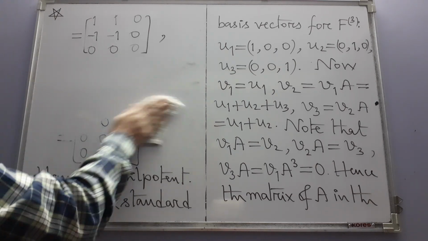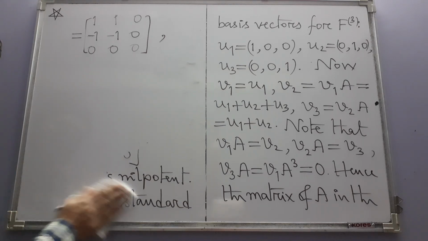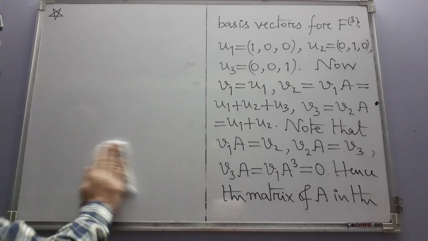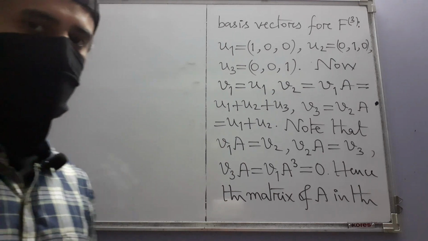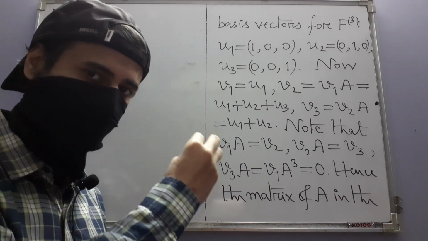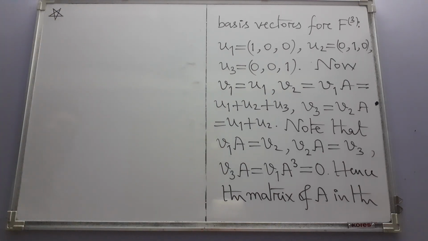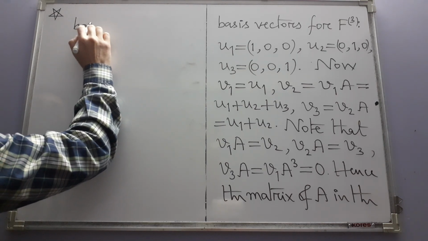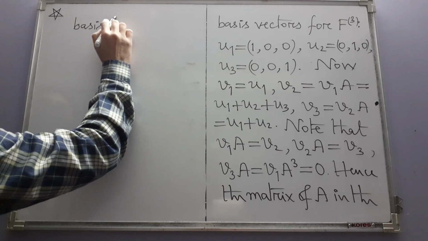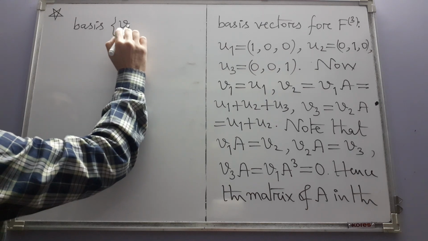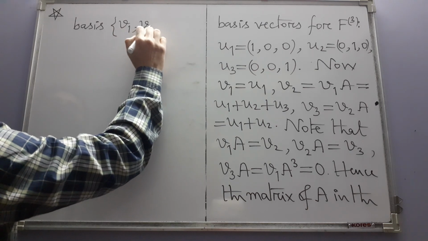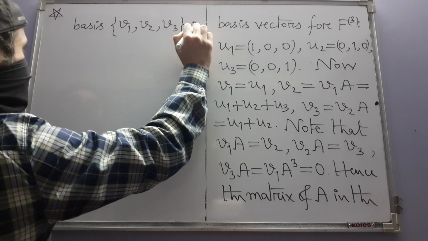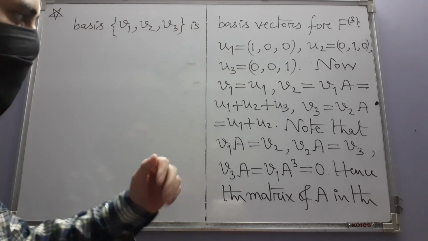Actually, this itself is the basis that we were seeking in that theorem, in which if you express your linear transformation as a matrix, then you have that form Mn1, Mn2, that thing. So how will you write the matrix?